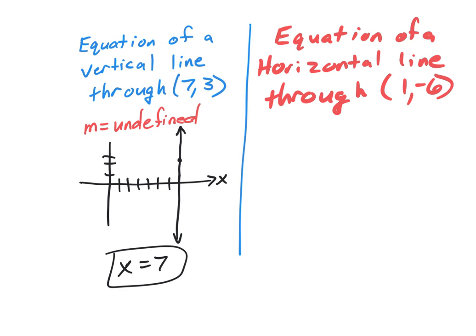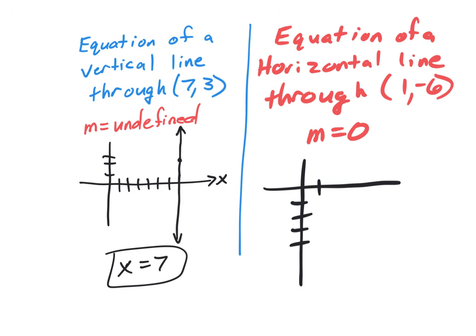If I have a horizontal line, the slope is always 0. You don't always have to draw yourself a picture, but I think sometimes drawing a picture could be helpful. The reason I like drawing the picture is you can visualize it the same way. It only crosses the y-axis, and it crosses it at -6.